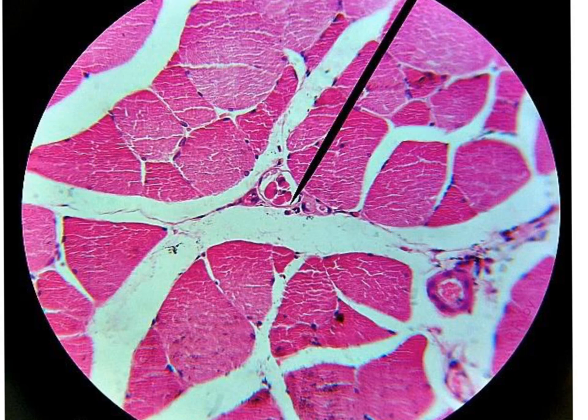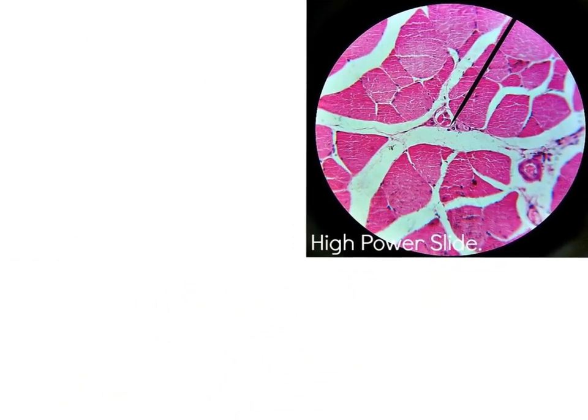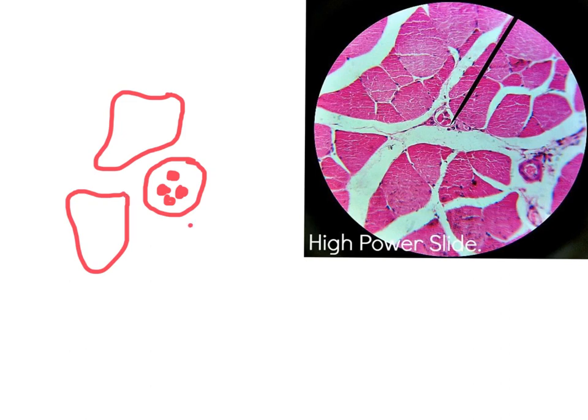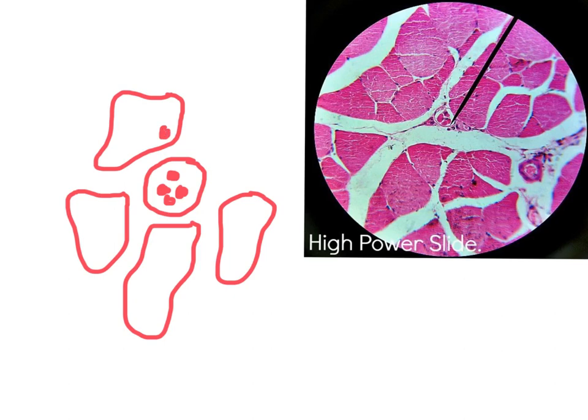So in this slide here we have what? We have this capsule, and inside we have a white space, and then we have fibers inside. These fibers are the intrafusal muscle fibers, and outside this muscle spindle we have these bundles of transversely cut skeletal muscle fibers.